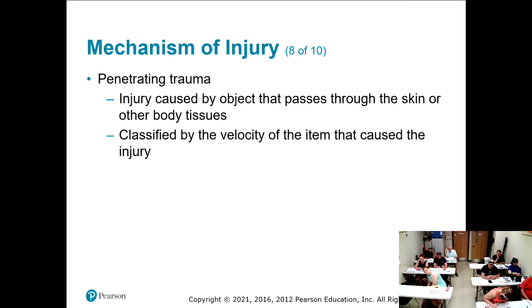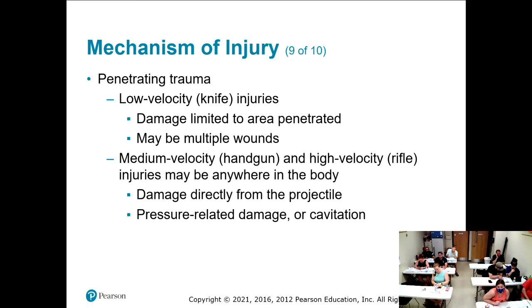Penetrating trauma. So obviously this is where we're talking about knives, gunshots, and injuries. We're on page 307. So any sort of projectile that would enter the body passes through the skin or other body tissue. It's classified by the velocity of the item that caused the injury. So low velocities are knife injuries typically.